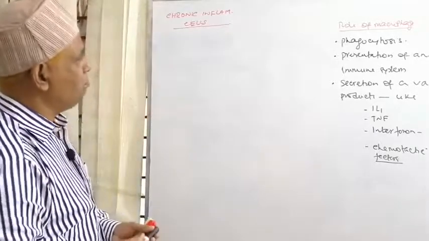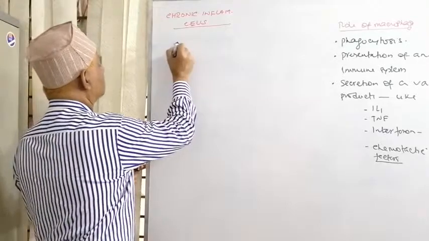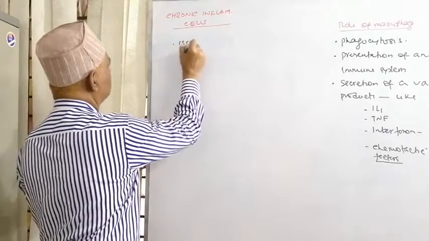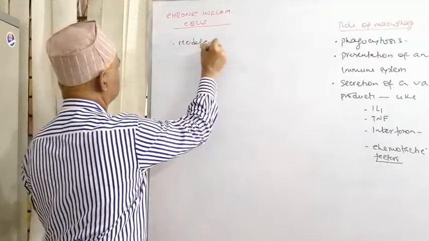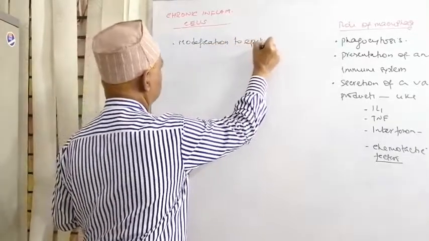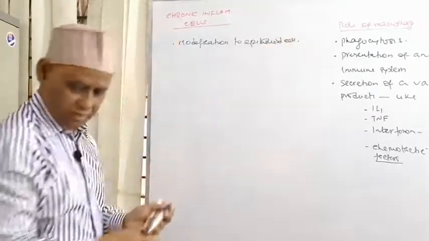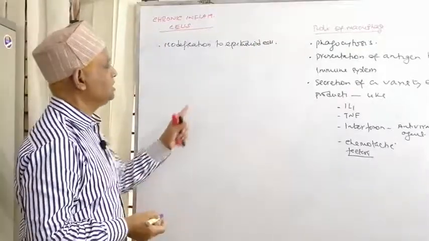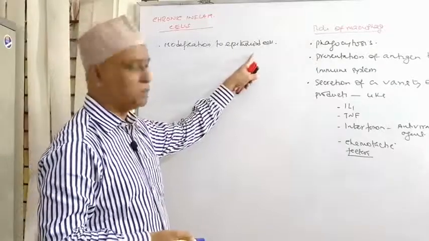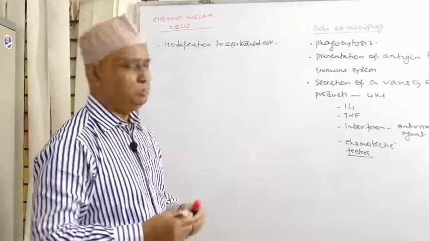Other role of macrophage: modification to epithelioid cell. Macrophage is modified to another chronic inflammatory cell, that is modified macrophage. It is called epithelioid cell.